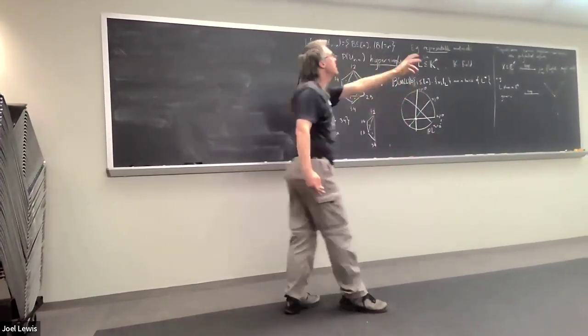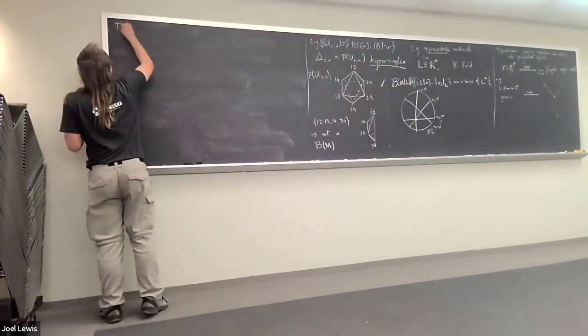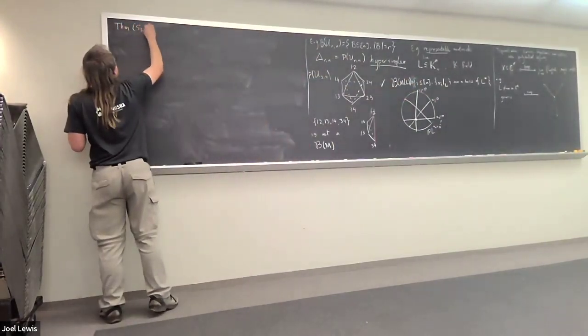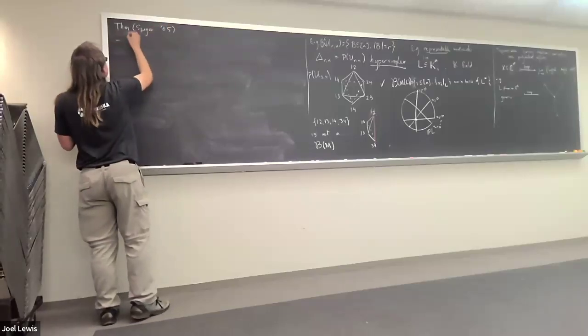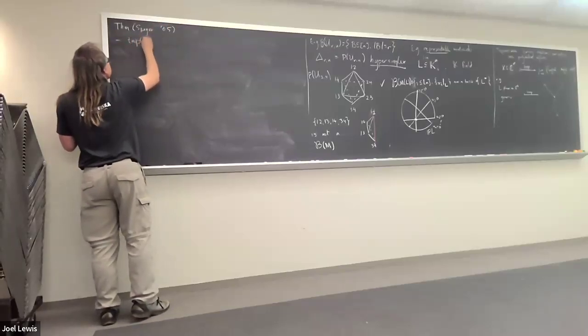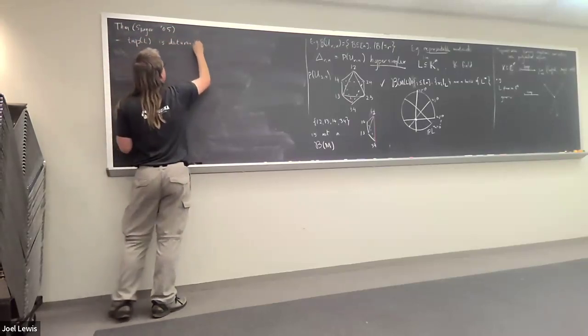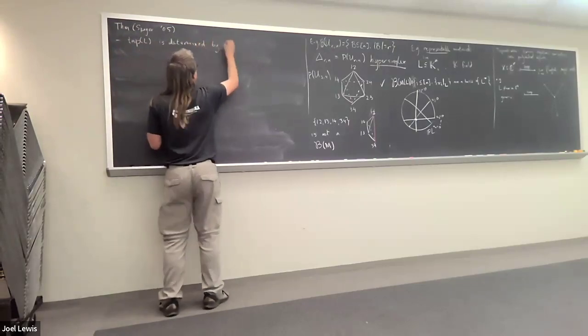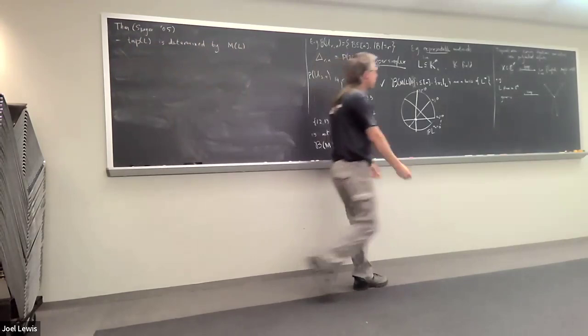So it's not so surprising, but indeed it is. The tropicalization is determined by the matroid. And how does it look?